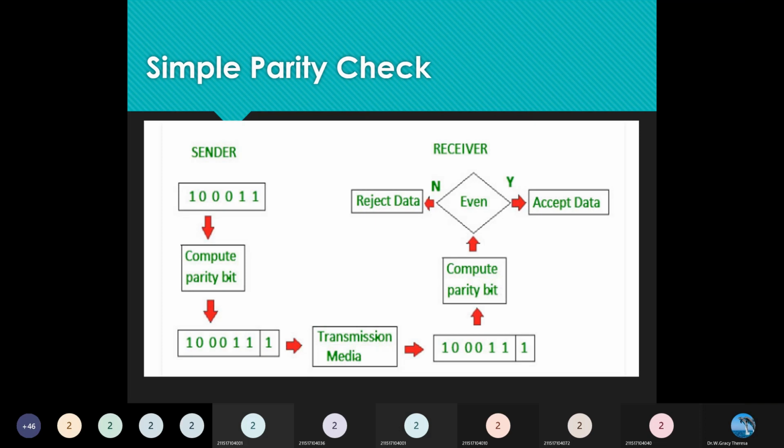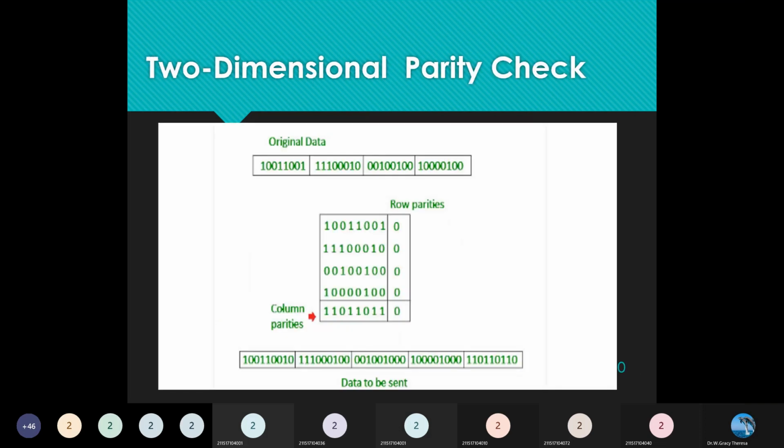Next, we're talking about the two-dimensional parity check. This is another very simple concept. This is a two-dimensional parity check bit, because it is calculated for each and every row as well as for each and every column.